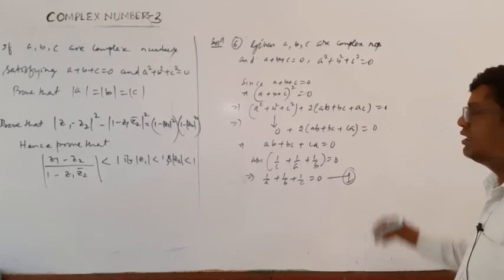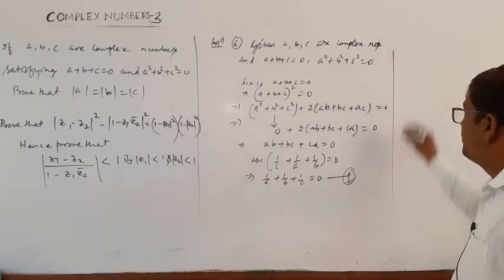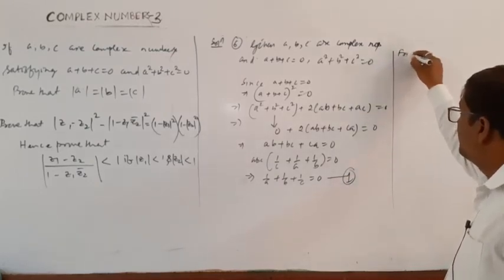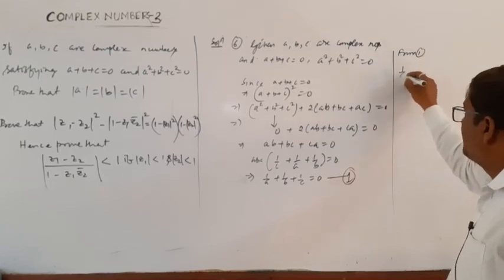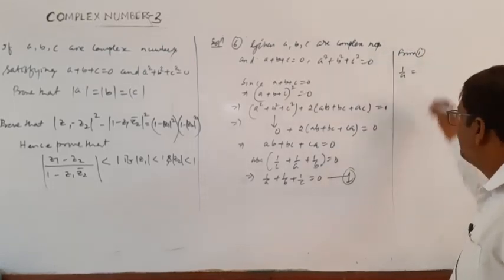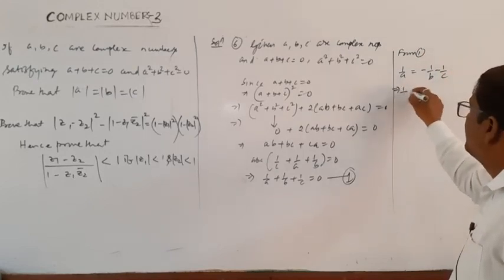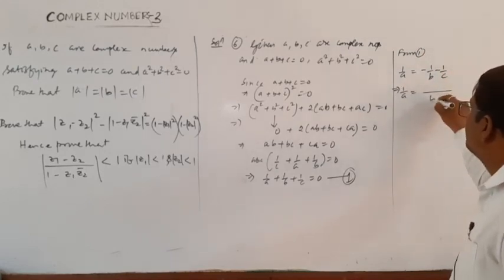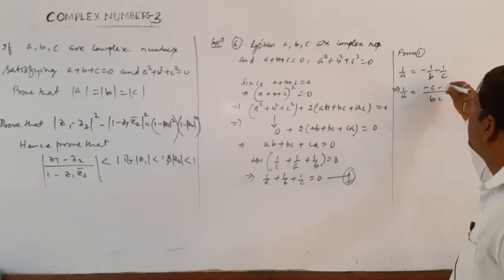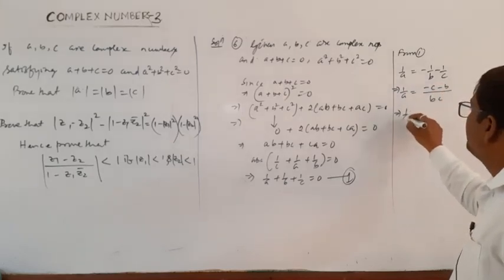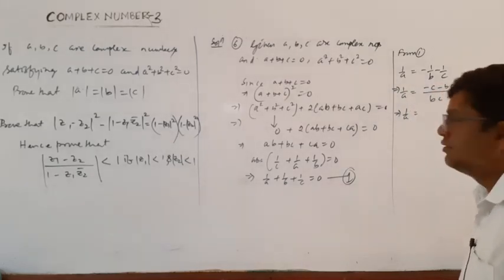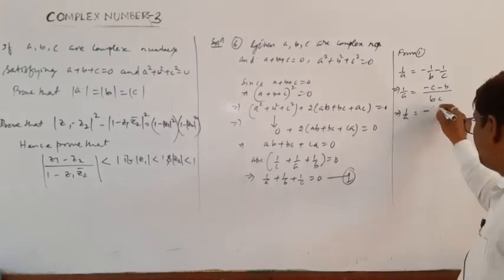Now, from 1, 1 by A is equal to minus 1 by B minus 1 by C. That implies 1 by A, BC LCM, minus C minus B. So, 1 by A is equal to minus of B plus C divided by BC.